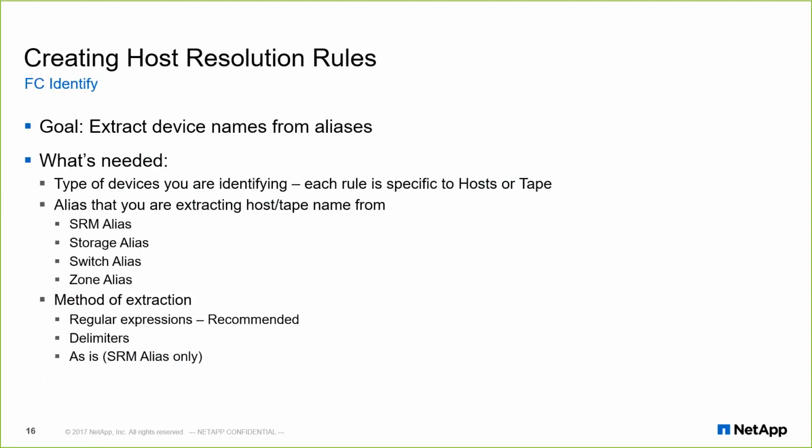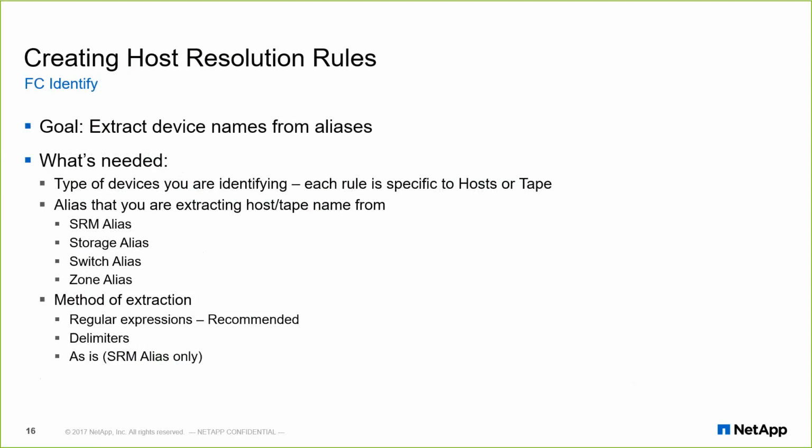You can do a little bit more with it. This is really a conversation on its own as far as learning how to build out regular expressions. Another option here is delimiters. They're pretty straightforward. Or if you're using SRM software, you can use an as-is extraction, which is essentially I plug in the name of the SRM and it's going to just pull that right out.